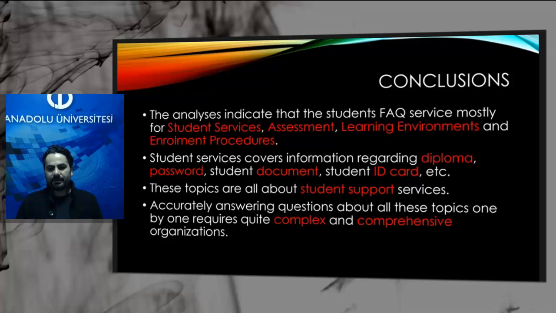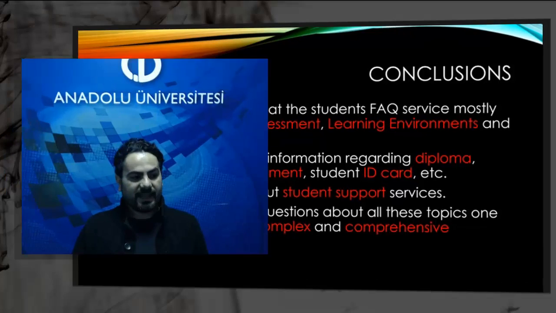Accurately answering questions about all these topics one by one requires quite complex and comprehensive organization. As you understand, students of e-learning services and of open and distance education systems face different kinds of problems and issues, not only about e-learning services but also about registration processes, getting the e-learning tools, or getting the printed materials of the open and distance education system.